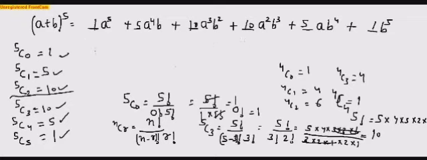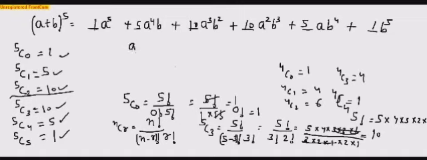Similarly, in any expansion, say a plus b to the power 8, a plus b to the power 10, I can directly write the expansion by first writing the variables, that is a to the power 5, a to the power 4 b to the power 1, and then determining the constants or the coefficients based on this formula of 5C0, 5C1, 5C2, 5C3, 5C4, 5C5.